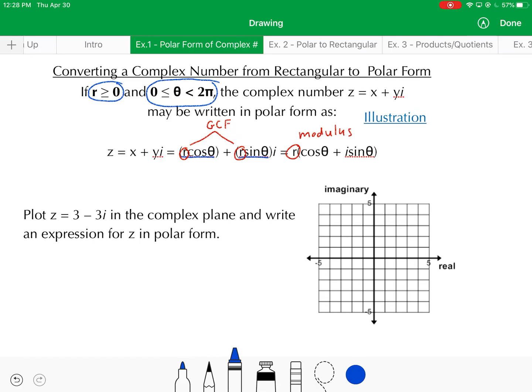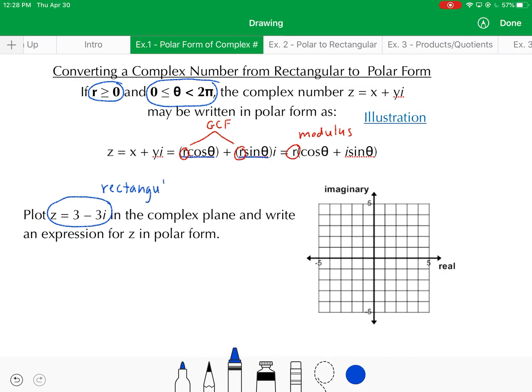We'll plot the complex number z equals 3 minus 3i in the complex plane, and we'll write an expression for it in its polar form. So the number's presented to me rectangularly. This is also sometimes referred to as standard form. Okay? So let's make sure we understand that.